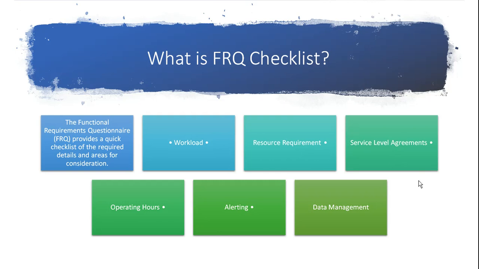And service level agreement. Service level agreement is a very important thing in FRQ. What is a service level agreement? Suppose you are buying some things in the supermarket, for example some flowers that will expire within 30 days.